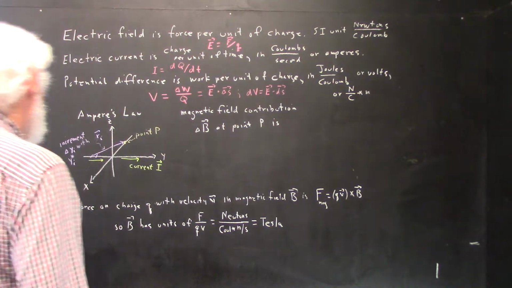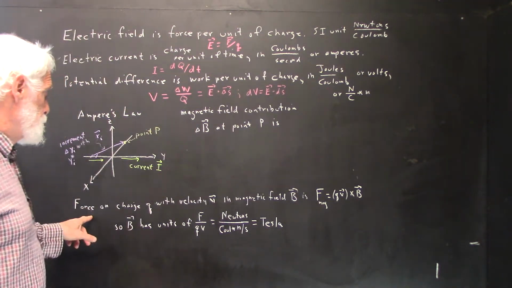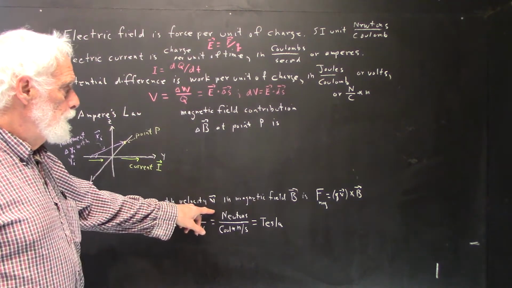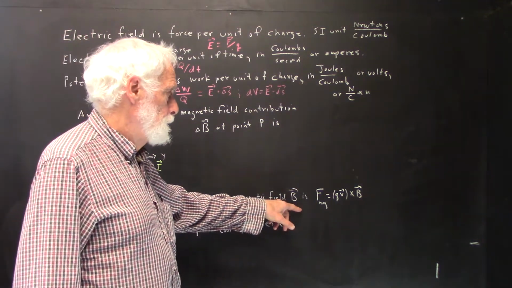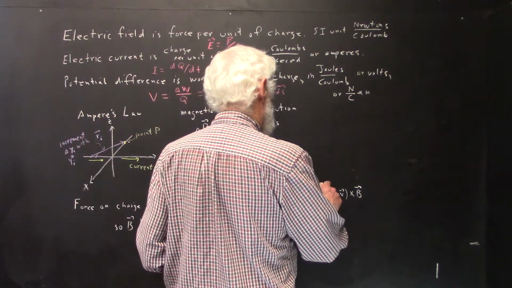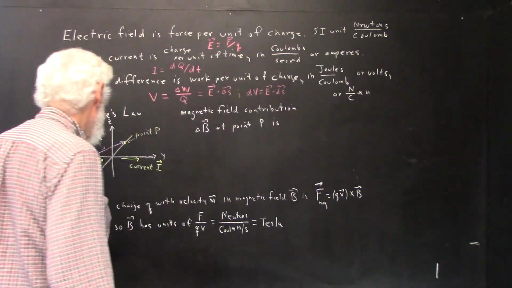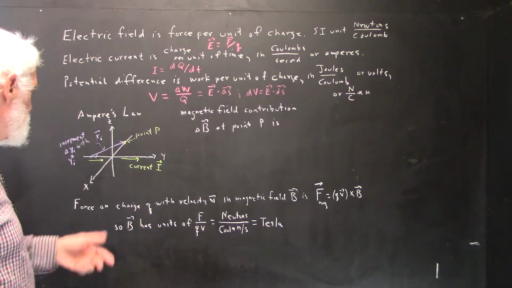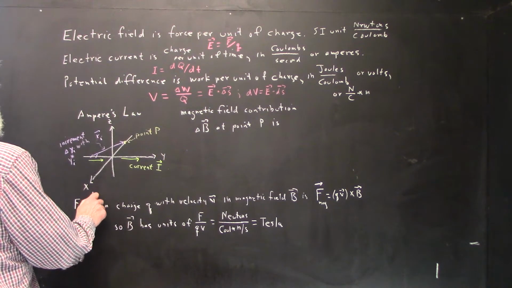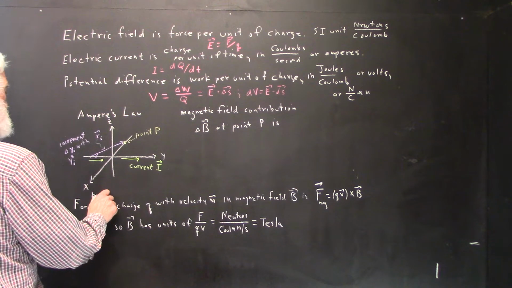Okay, so I'm going to skip down here and say that force on charge Q with a velocity V in a magnetic field B is F mag. I should have said the force exerted by a magnetic field.